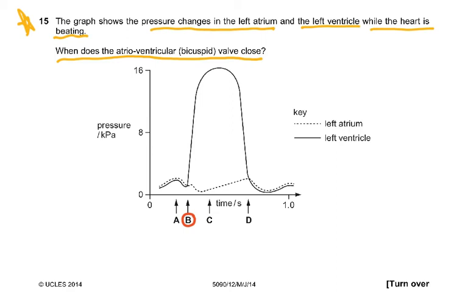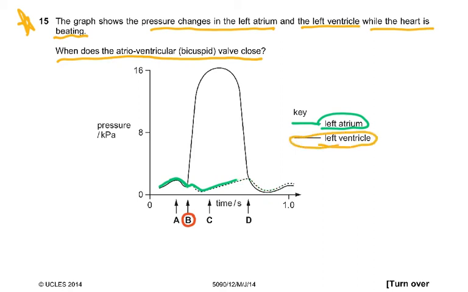Let me just draw this and color this so that you all understand this. So left atrium is this. This is the atrial systole or the atrial contraction, when the pressure rises. Now you can see here, this is the left ventricle.